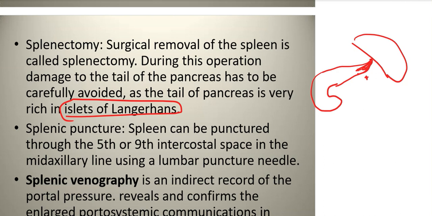Damage to islets of Langerhans can lead to diabetes mellitus.